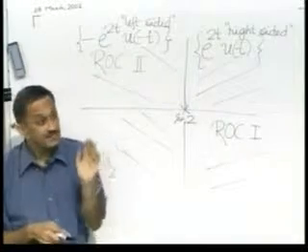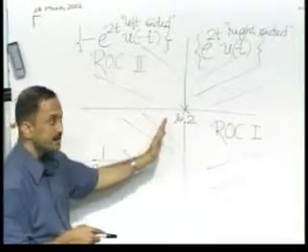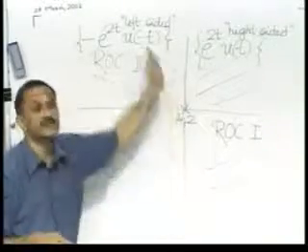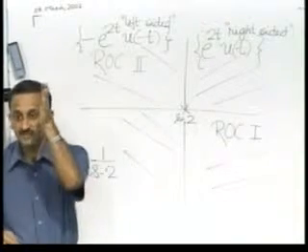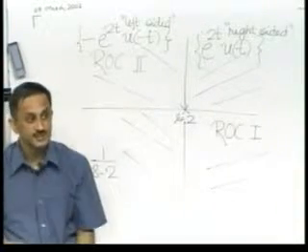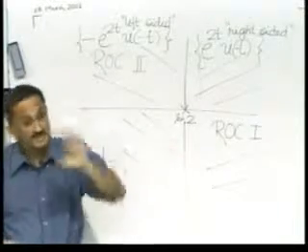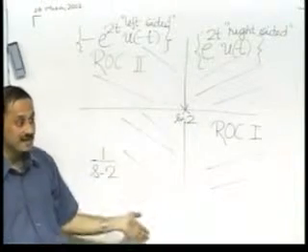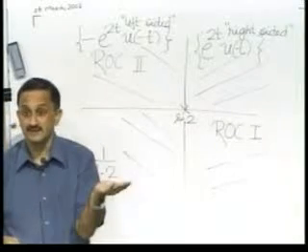What do I mean by a left-sided region of convergence? I mean a region of convergence which includes the entire S plane to the left of a vertical line. So, if you notice in the Laplace transform that the region of convergence is entirely to the left of a vertical line, that means the entire S plane to the left of a vertical line, then the corresponding function is also left-sided.